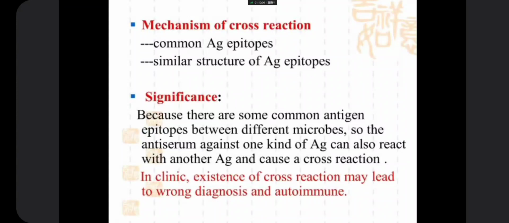Because there are some common antigen epitopes between different microbes, the anti-serum against one kind of antigen can also react with another antigen and cause a cross reaction. In clinic, existence of cross reaction may lead to wrong diagnosis and autoimmune disease.